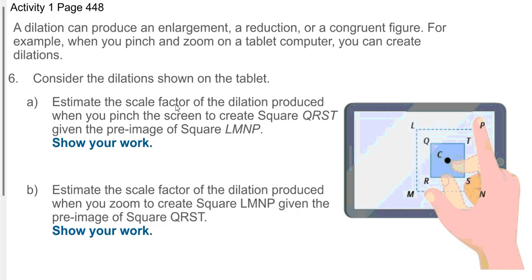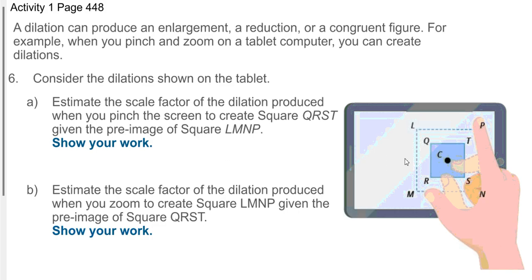So if you wanted to estimate how big something got, here we have estimate the scale factor to produce this one when you pinch the screen. The pre-image, that's what I start with. If I started big and made it smaller, that's going to get smaller.